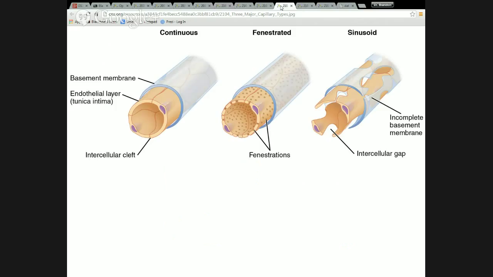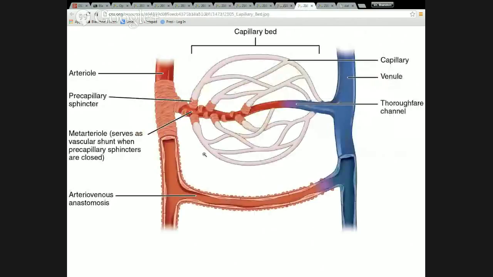And speaking of arterioles going into the capillaries, this is a representation of what capillary beds kind of look like. Capillary beds are much more extensive than this picture suggests, and they're kind of pared down here just so we can see what's going on. But arterioles give rise to a blood vessel coming off, which is called a metarteriole, which is kind of halfway between an arteriole and a capillary.